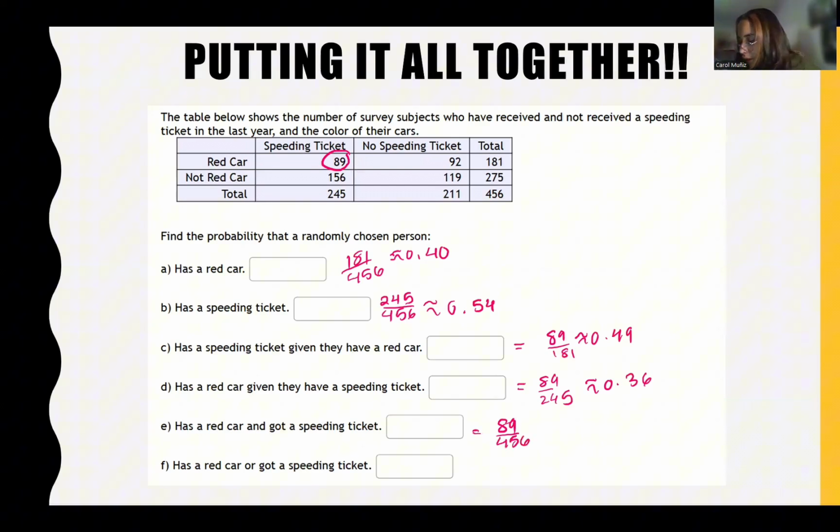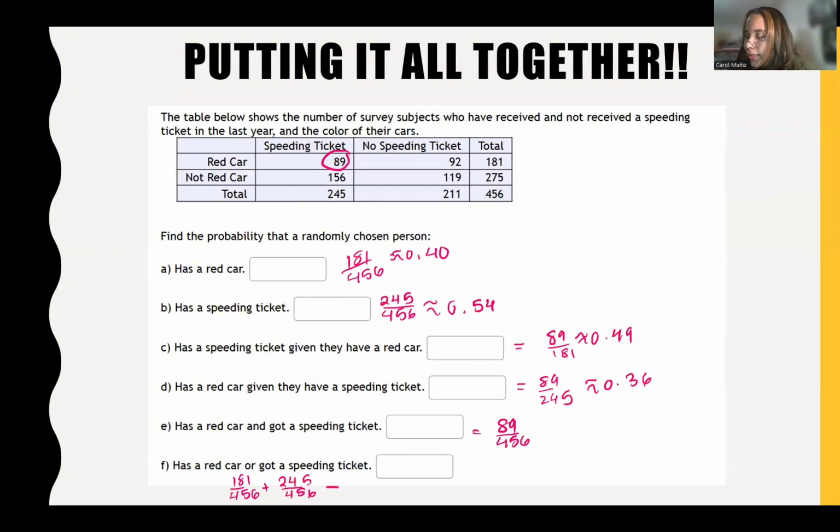And F, has a red car or got a speeding ticket. So now we're talking about union probability. The probability that it is a red car, we already had it here at the top: 181 over 456, plus the probability of having a speeding ticket, which is 245 over 456, minus the probability of both.